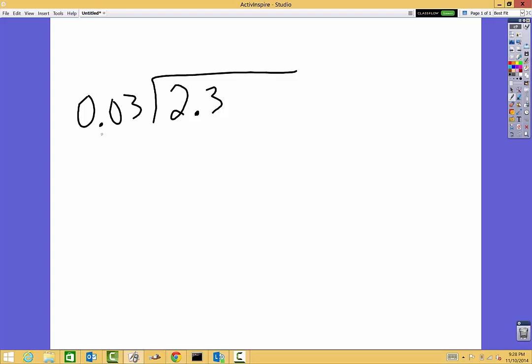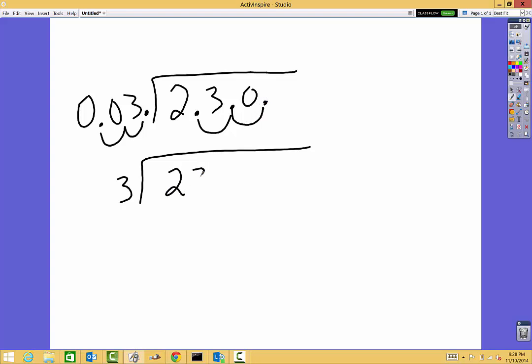Well, I'm going to start the same way as before. 1, 2, I have to move that decimal spot. So that becomes a 3 now. And whatever I do to the left, I have to do to the right. So it goes 1. Now I have to add a 0. 2. So my new number is 230.